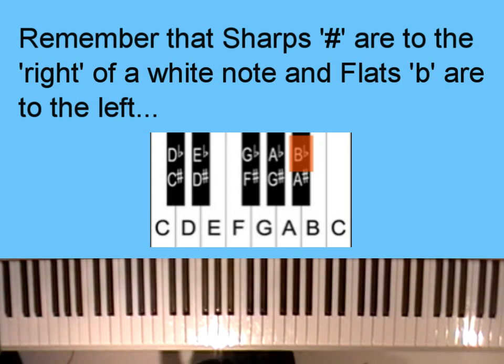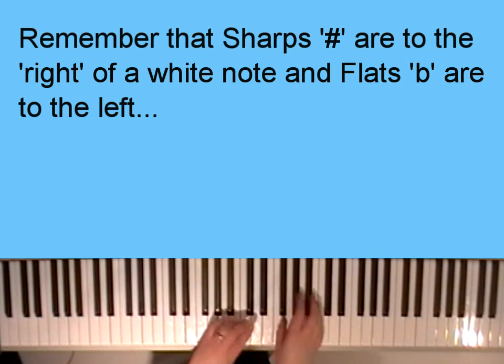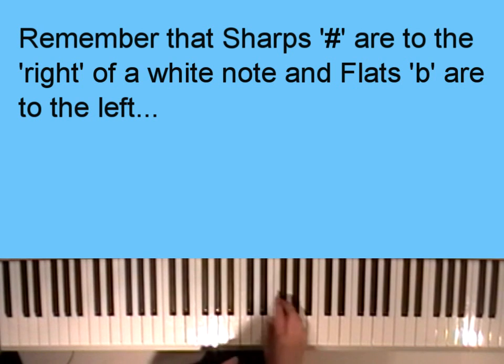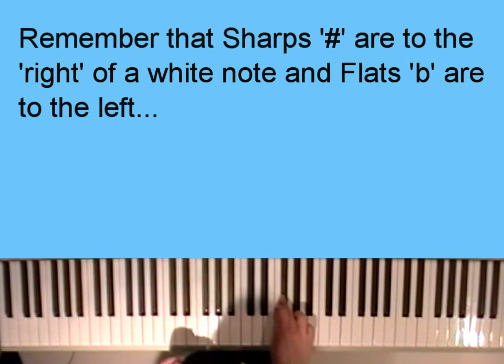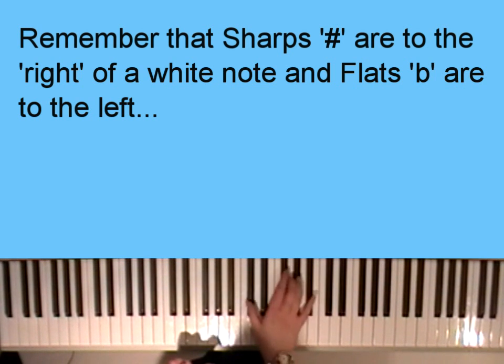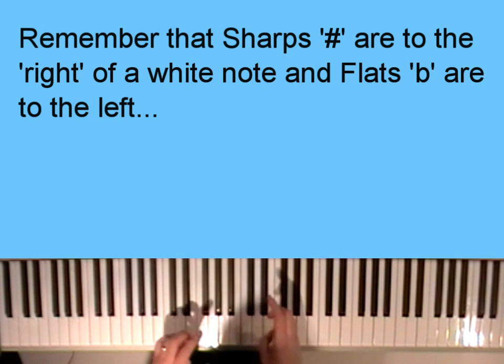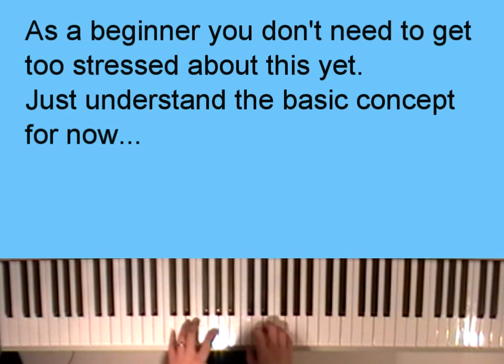Okay, if you're getting a little bit confused by what I just said, because a sharp can be a flat as well, what it means is it depends which direction you're going up the piano, and which key signature it's in.